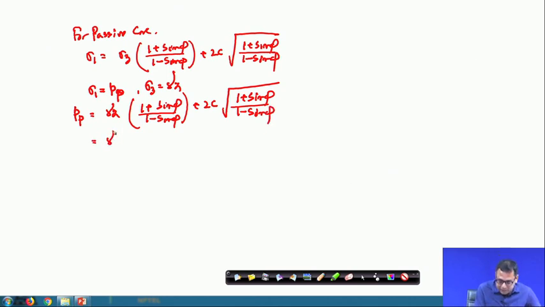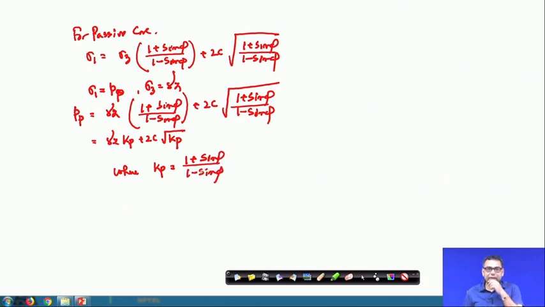And again, gamma z K P plus 2c root over K P, where K P is equal to (1 plus sin phi)/(1 minus sin phi). Okay. So, this is the expression of K A and K P for c-phi soil, and this is the expression of P A and P P for c-phi soil.